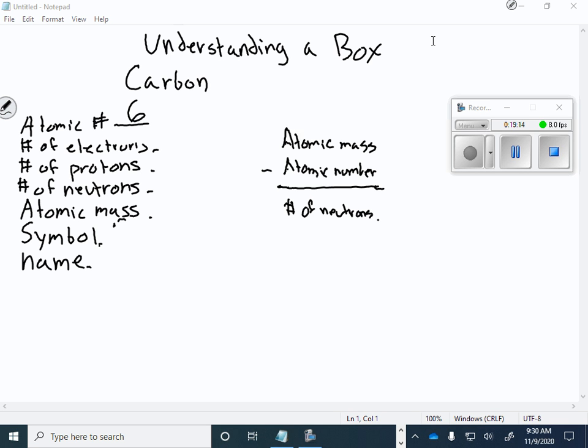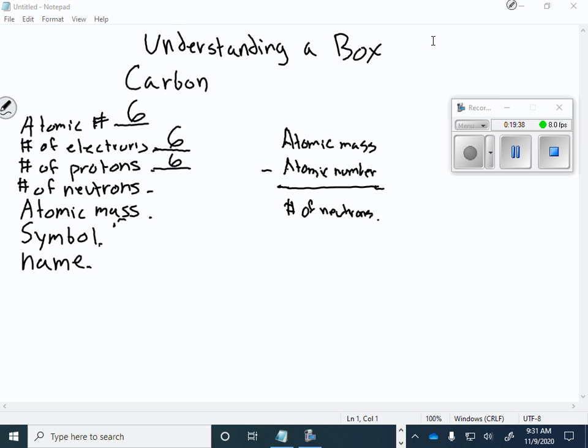So the atomic number always tells us both the electrons and the protons. How many electrons do we have? How many protons do we have? And so for carbon, we know we have 6 and 6. So the top number is the atomic number every time, and that tells us how many electrons and how many protons.